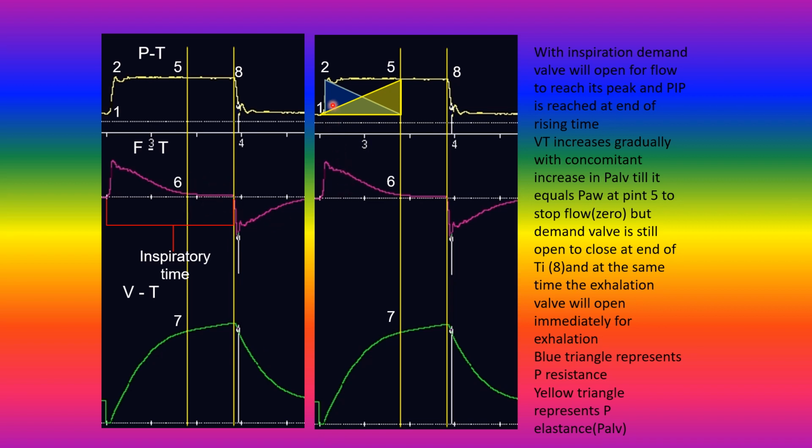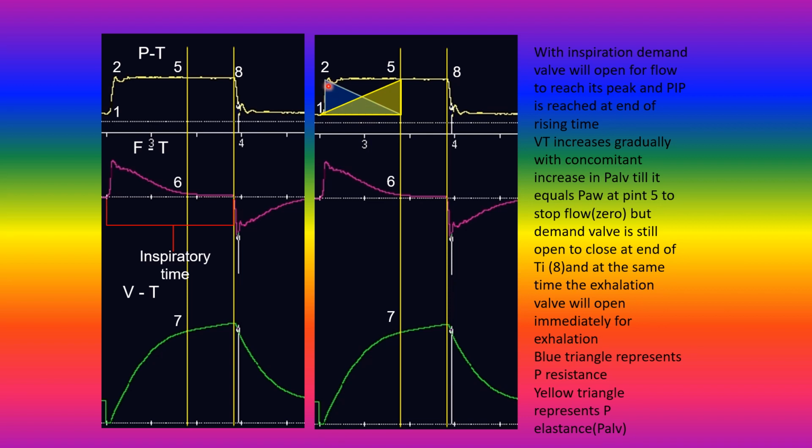When we come to analyze this, by the start of the flow, this flow will go through the bronchial tree to develop pressure resistance. And at the same time, the flow will increase the alveolar tidal volume. So this pressure, the peak inspiratory pressure, equals the two pressures: the pressure resistance, the blue one, and the pressure elastance.